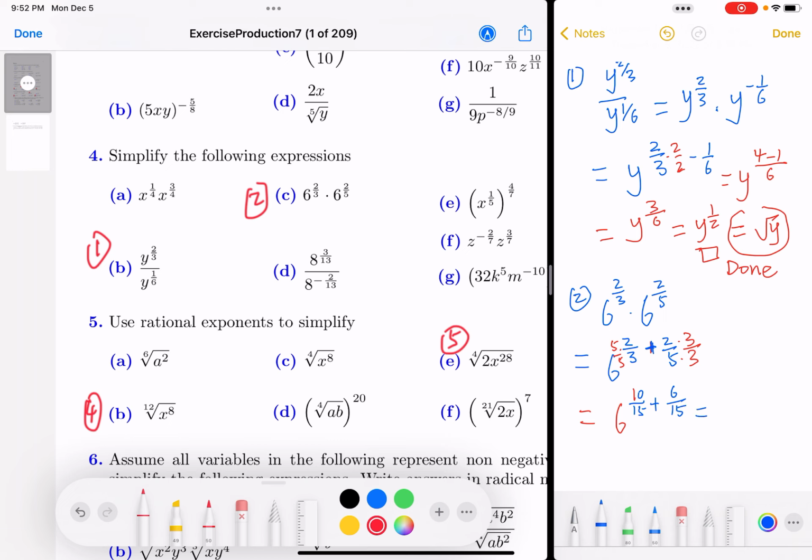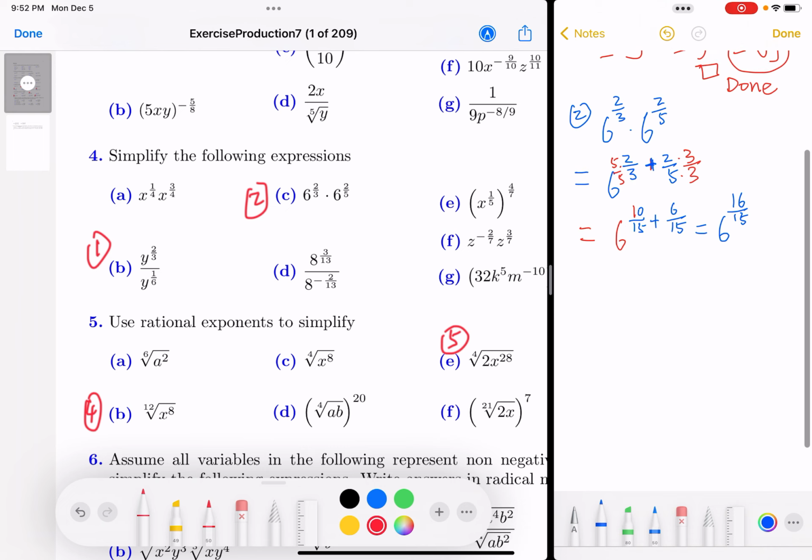So then you have a 6 to the 16/15. All right? Okay. So you may just stop right here. You can do more, changing this one to the radical expression, but you may stop right here.